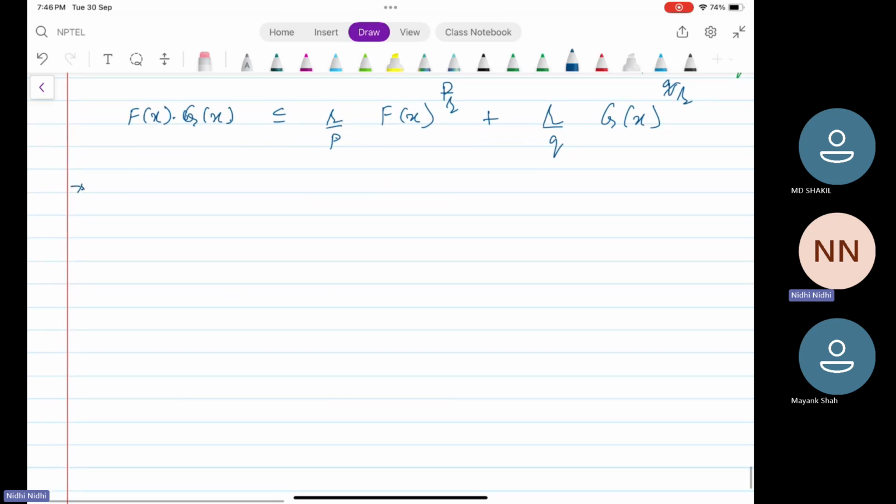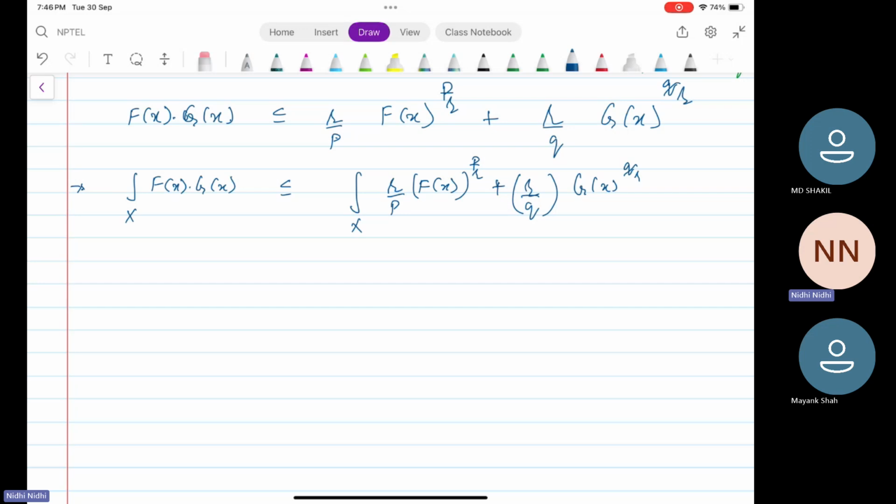So this implies the integral over x of f(x) g(x) is less than or equal to the integral over x of r by p f(x) to the power p by r plus r by q g(x) to the power q by r. Then this is equal to r by p times the integral of f(x) to the power p by r. And since everything is positive, we can take the modulus.